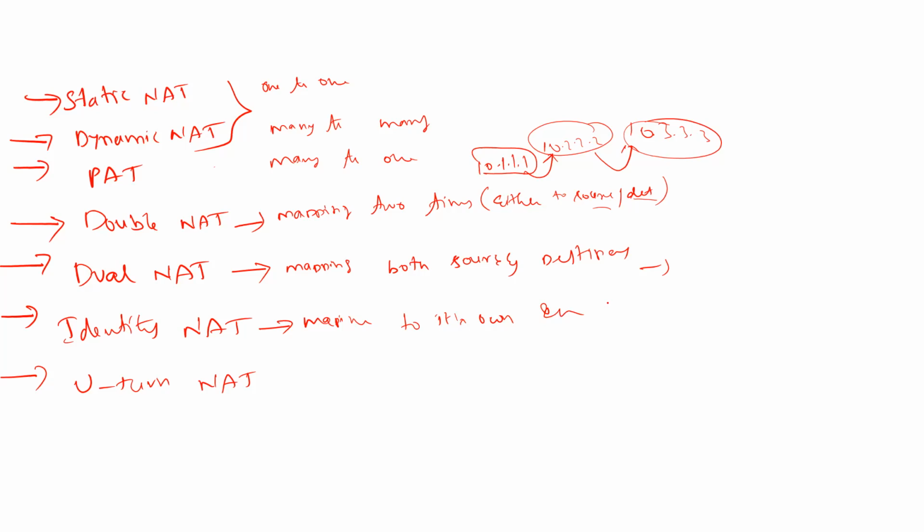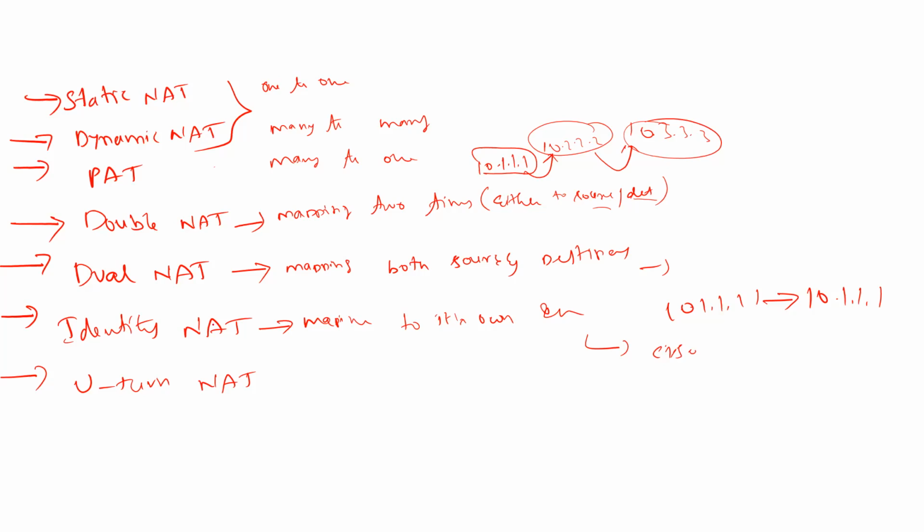So suppose we have an IP address 10.1.1.1, and we map this IP address to its own IP address, 10.1.1.1 only. That type of NAT is called identity NAT. This identity NAT comes up in Cisco ASA while configuring VPN.